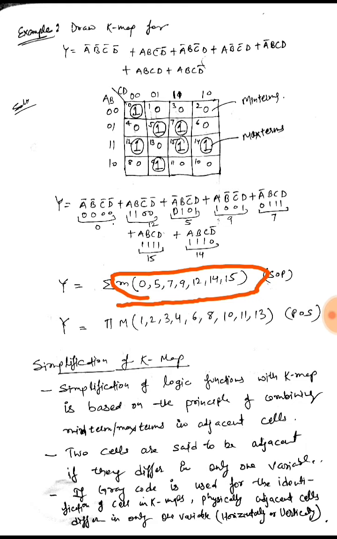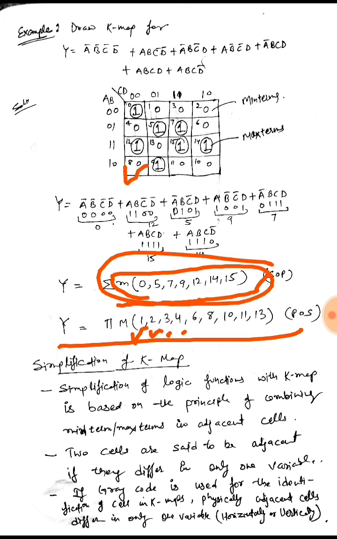So my function in the form of min terms would be pi m, that is the product of the first, second, third, fourth, whatever the remaining cells are, I will put 0 in them to represent the min terms. So a min term is represented by 0.